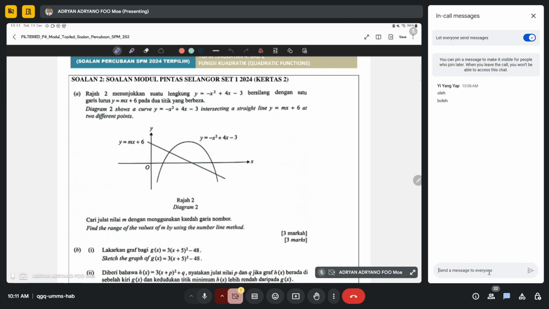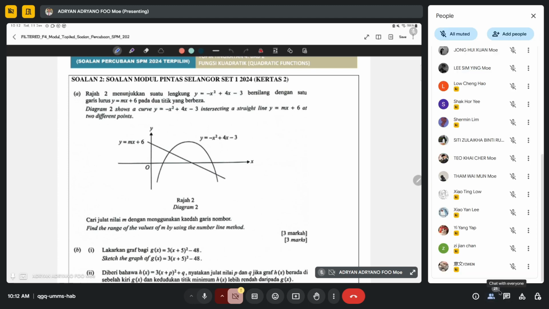Whenever 你看到有两个 equation，然后它讲 intersect at two different point，它叫我找 range，你会想到你要做什么？When you have two equation and then 你要找 range，and then 还有 intersect in quadratic，我们会 touch 到什么东西？Come on guys. You ask yourself, I got two equation, and then they said intersect at two different point.